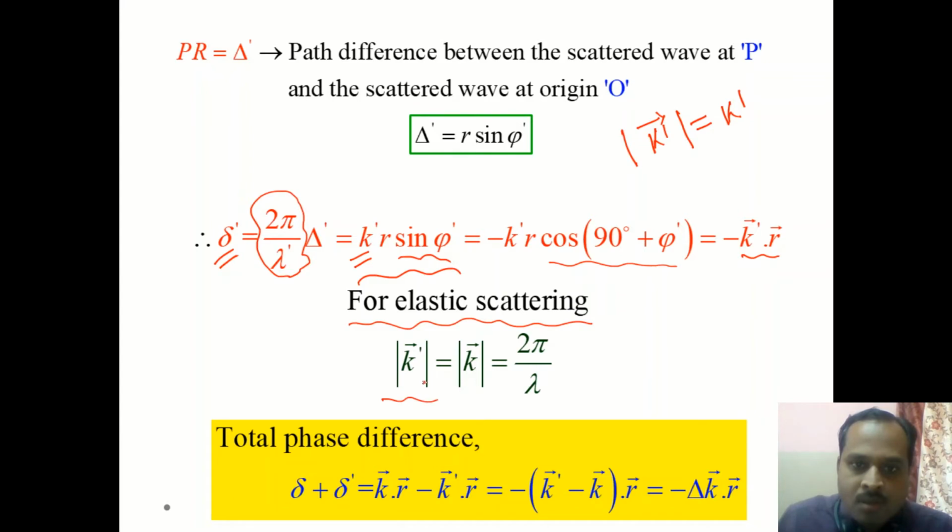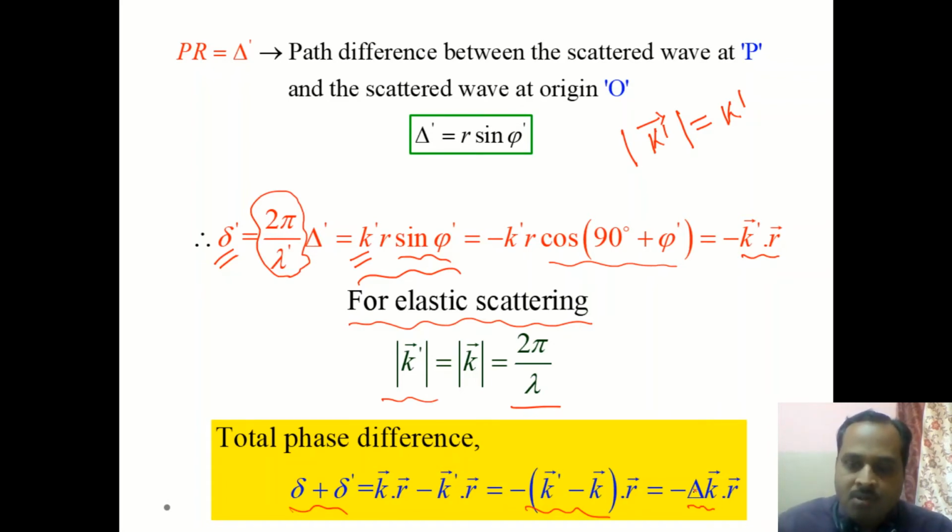So the magnitudes of the vectors k and k prime are the same, and they are equal to 2 pi by lambda. So the total phase difference can be written as minus of k prime minus k dot r, and this k prime minus k is called the change in the wave vector del k. So this can be written as minus del k dot r. This is the total phase difference.